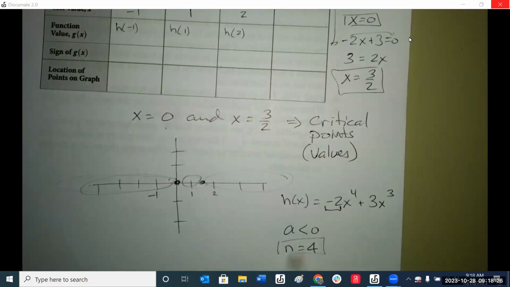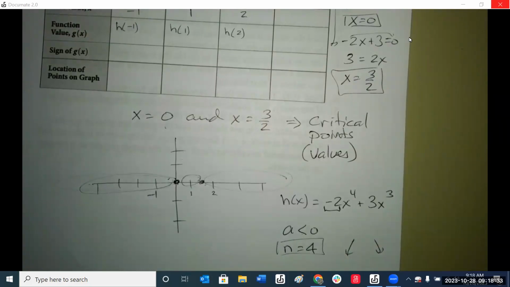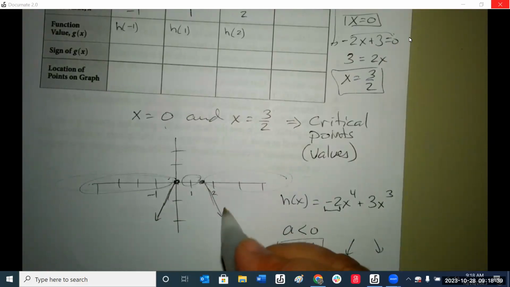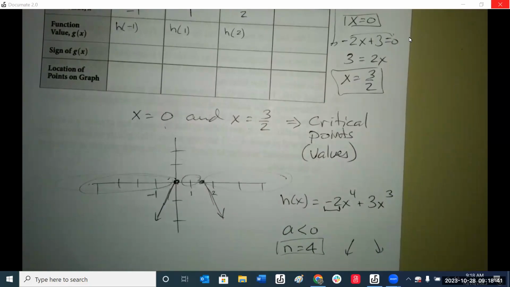So since N is 4, they both point the same direction. Since it's negative, they're both going to point down. So we know the graph is going to look like this. So what I'm predicting, at -1, we're going to have a negative answer. And at 2, we're going to have a negative answer. So let's see here.